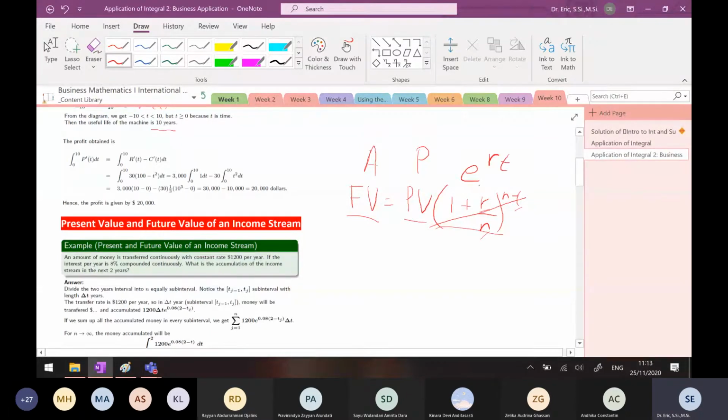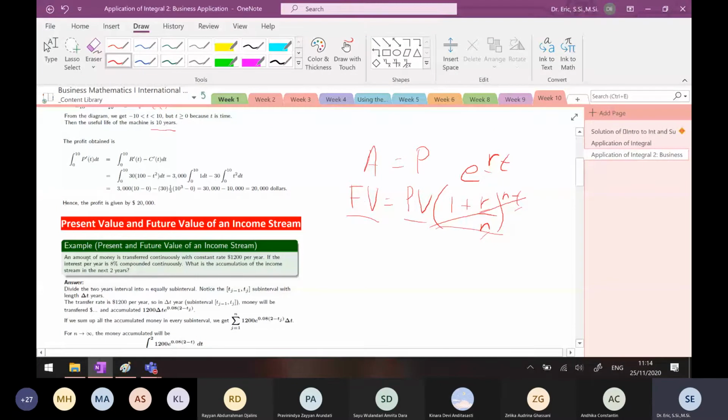This is the formula for compound interest if the interest is compounded continuously: future value equals present value times e to the power of rt. So the problem is compounded continuously. You have interest every second, every millisecond, every microsecond. It is compounded continuously.